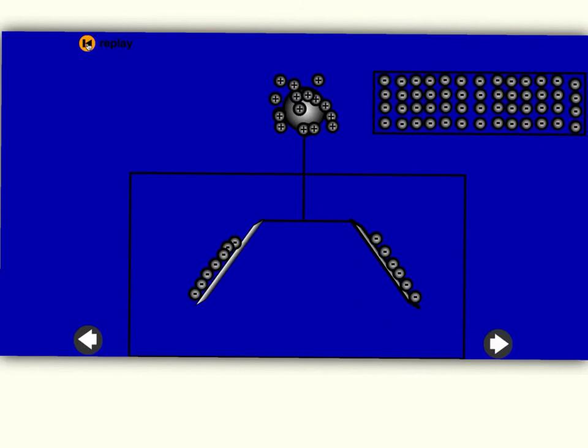So the electrons are going to run down as far away as they can get, and how far away they can get is down into the leaves. So now the two leaves have excess electrons and they repel each other. So this electroscope is detecting the presence of charge because the two leaves have become charged from the negative strip being brought near.